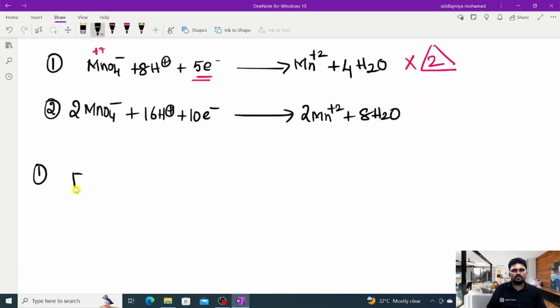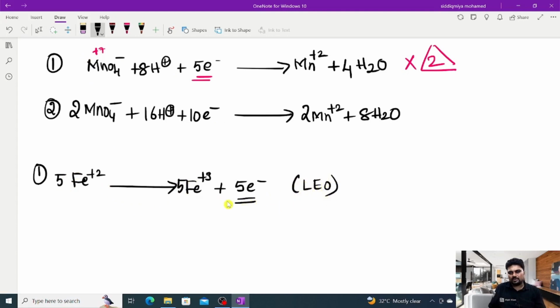First we take Fe plus 2 oxidation: Fe plus 2 undergoes oxidation and converts into Fe plus 3. For 5 electrons, take 5 Fe plus 2 giving 5 Fe plus 3. Loss of electron is oxidation, LEO.